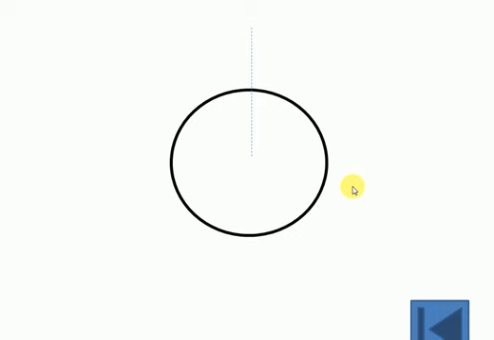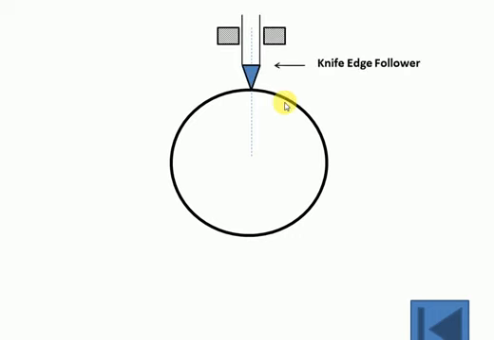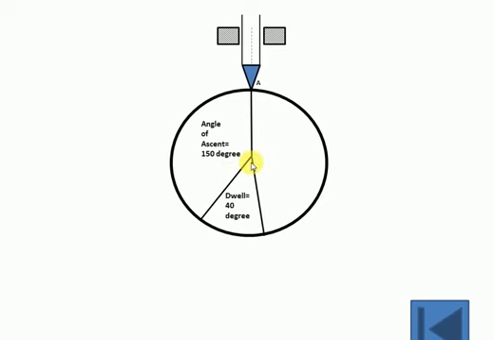So with the same process, we'll take a knife edge follower, and this point A is the point of contact of knife edge with the base circle. From the center of the base circle and point A we'll draw 150 degree angle, which represents the angle of ascent. Then we'll draw dwell for 40 degree, and then angle of descent as 60 degree.